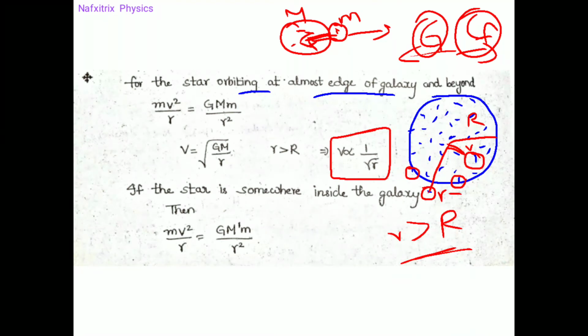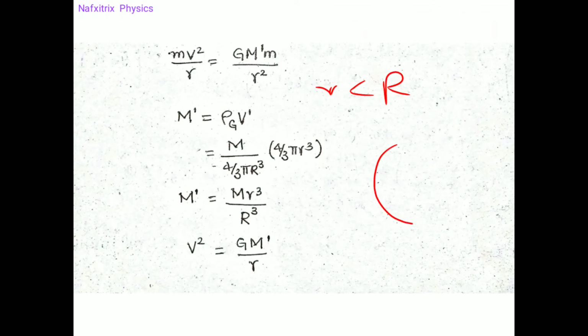For that case also, if we apply the same formula, mv square by r, with the mass of that star, the orbital velocity of that particular star, and its distance from the galactic center, equals GM dash m by r square. Here we are taking M dash because the star is residing inside the galaxy.